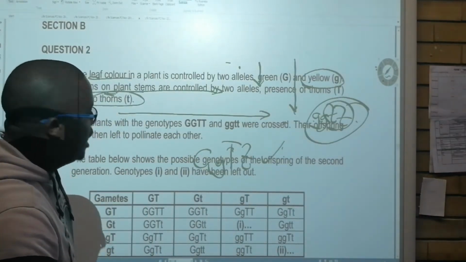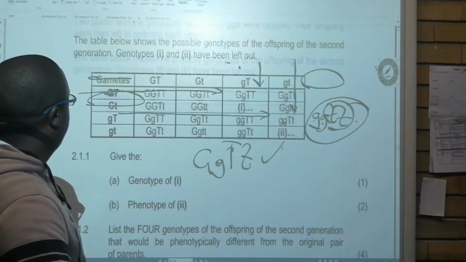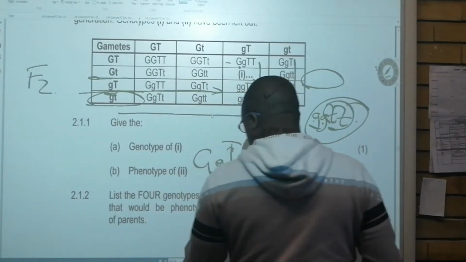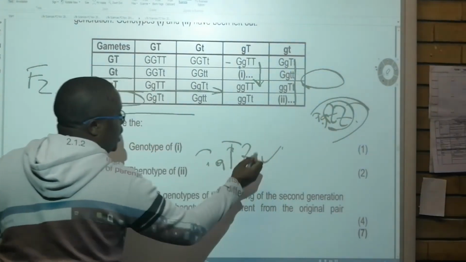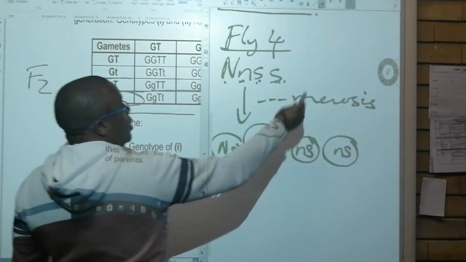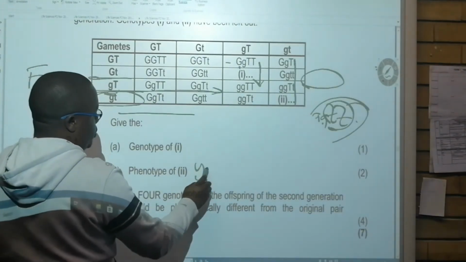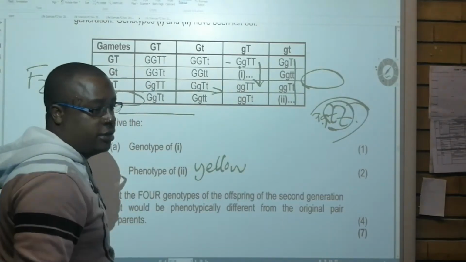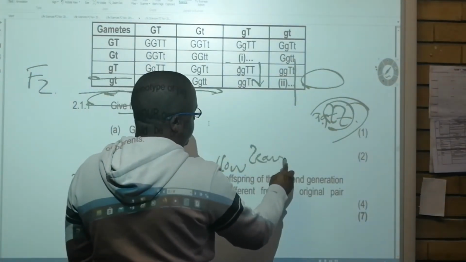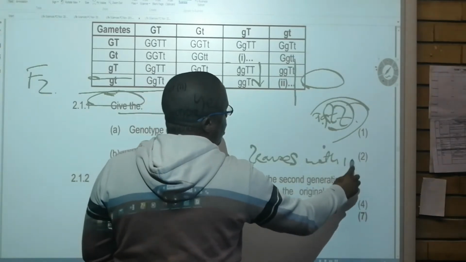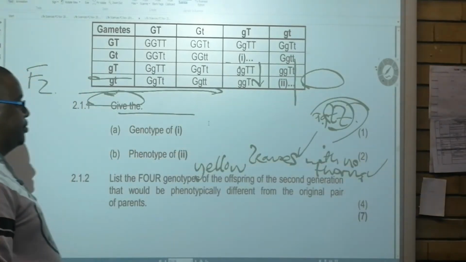So what was the phenotype from this genotype? It was yellow leaves with no thorns.